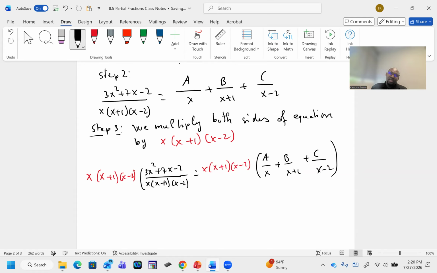So by doing so, we can see this and the denominator will cancel out. So what will be left?